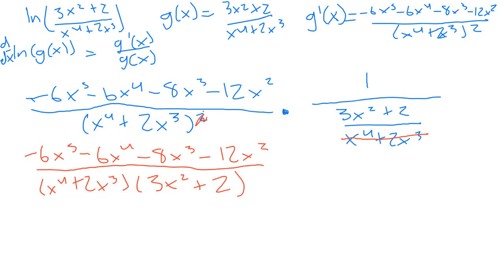So let's go ahead and pull out a negative 2x squared, which will give us 3x to the fifth plus 3x cubed plus 3x squared plus 4x plus 6.